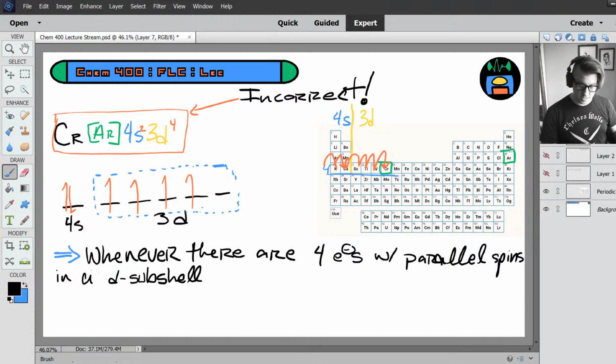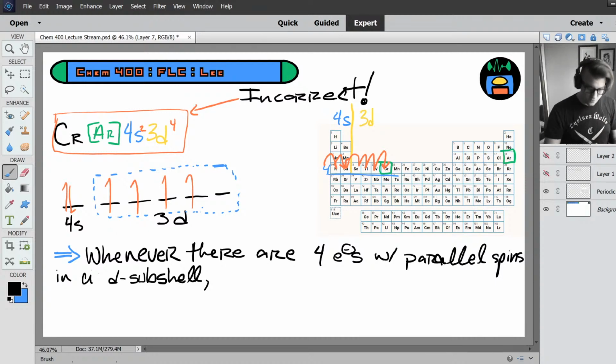When you have four electrons with parallel spins in a D subshell, the magnetic fields of these electrons build, because they're all in parallel. So they're adding together, they're growing stronger, and they're strong enough when you have four in a row to steal an electron from an S subshell and promote it up into the D subshell, so that you get 5 parallel spins together.